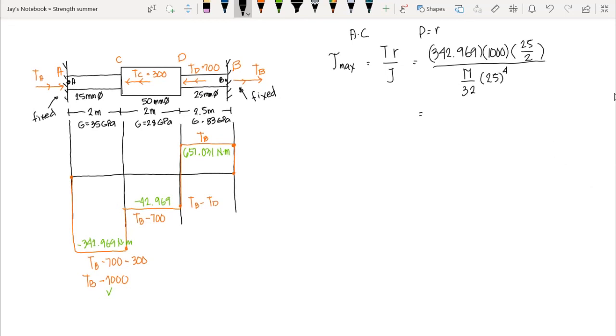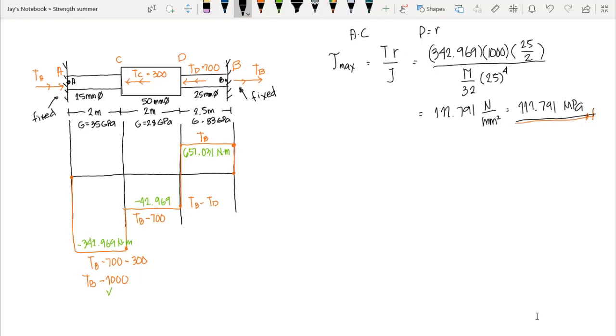So our maximum shearing stress is equal to 111.791, since our unit is in Newton per square millimeter. So therefore we have 111.791, that is in megapascal. So this one is the maximum shear stress for member AC.